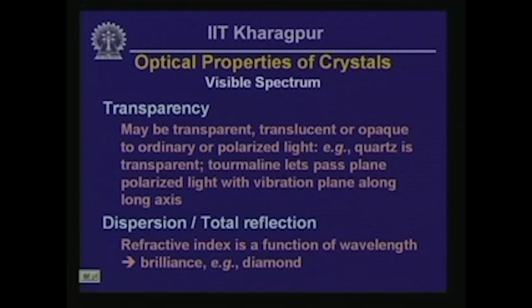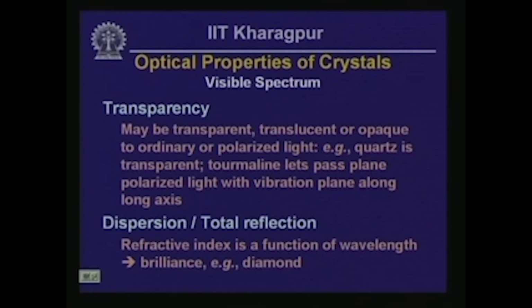An example is tourmaline. Tourmaline is going to let through light polarized along the longer axis, and that is the reason why tourmaline crystals are used in optical instruments quite frequently.